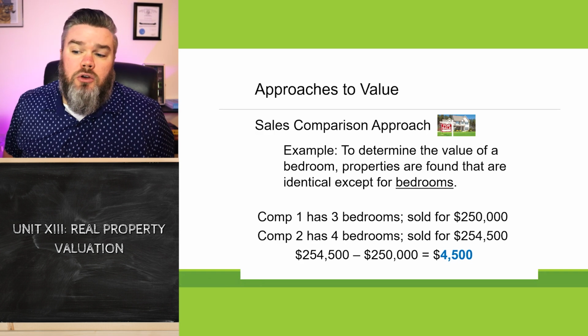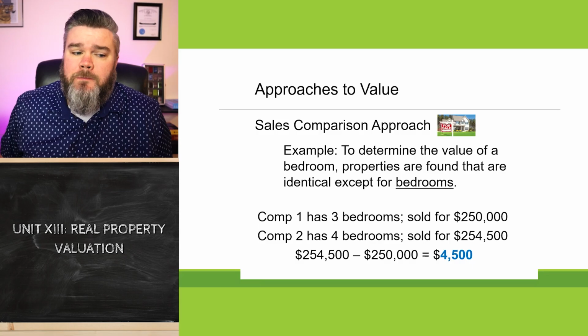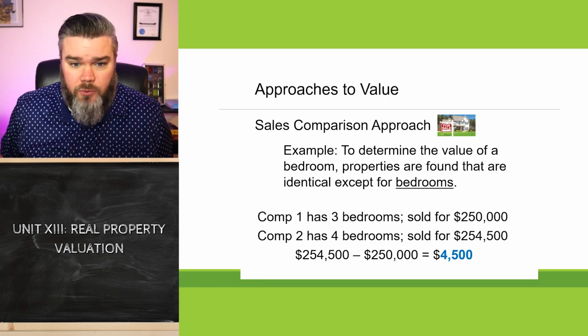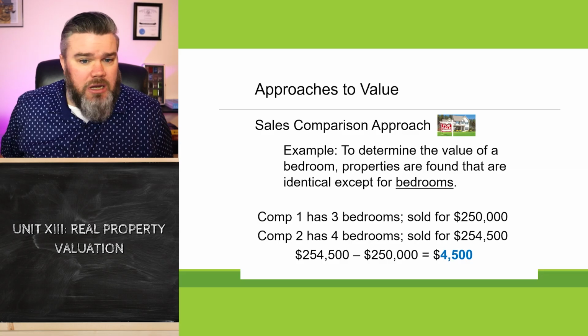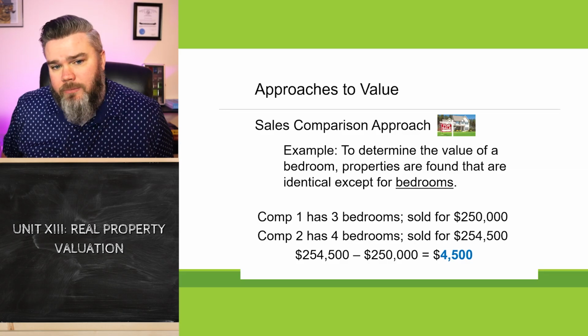And if we look at it and every single other feature is identical, what this data tells us is that in this market, a bedroom is probably worth about $4,500. Or in other words, it contributes $4,500 worth of value having one versus not having one.